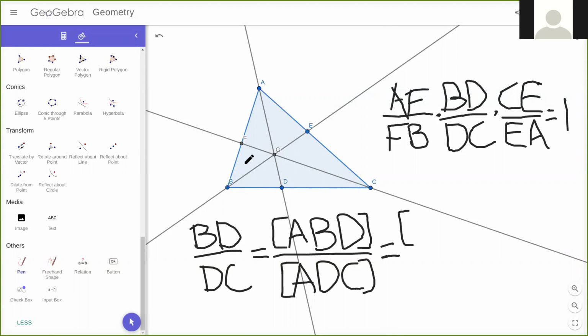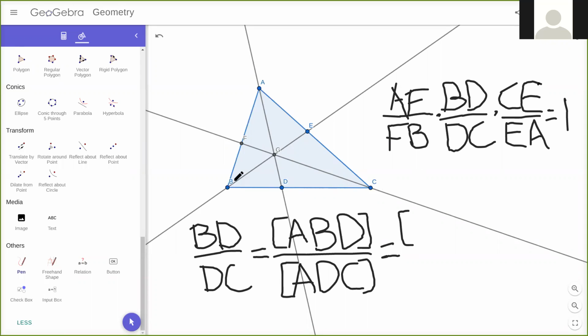Okay, so the ratio BD to DC is a ratio of bases. And so if two triangles have the same height, then the ratio of their areas is the ratio of their bases. So the ratio of the area ABD to the area of ADC is, since they have the same height, the ratio of their bases BD to DC.